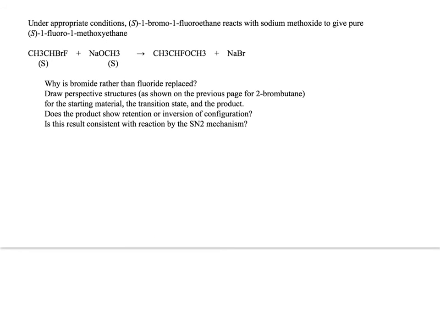Under appropriate conditions, S-1-bromo-1-fluoroethane, here we go, reacts with sodium methoxide. Okay, so let's draw this structure. First of all, let's just draw this as S. So let's draw this here, and CH3.